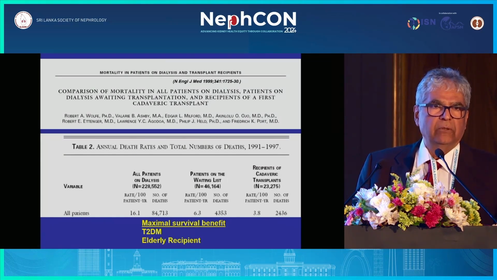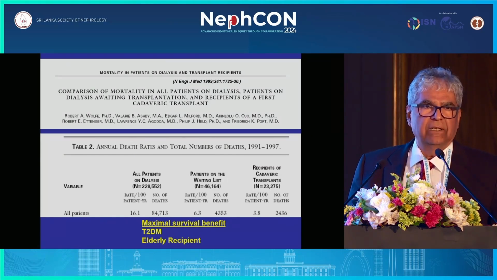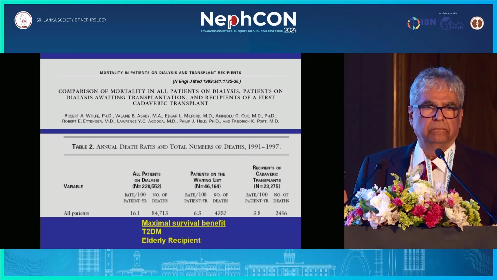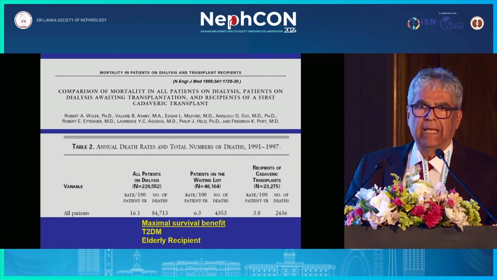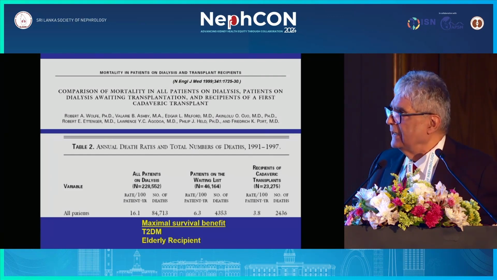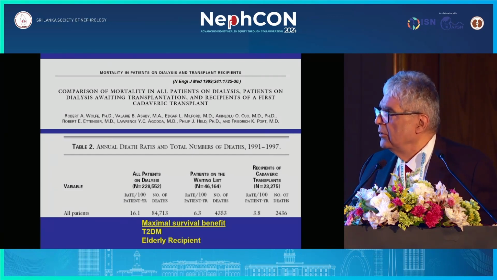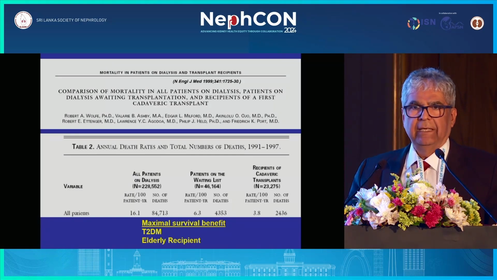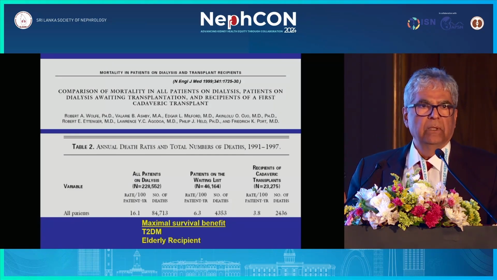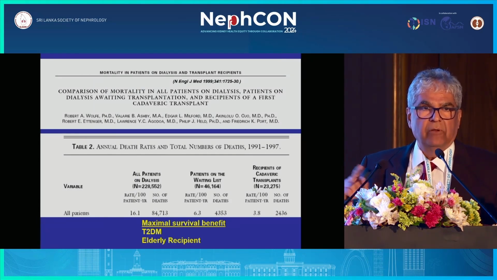Second thing I'll point out, at that time, the dialysis survival of America was worse than anywhere in the world. So this is American dialysis survival on the waiting list compared to getting a kidney transplant. That data has not been repeated in Europe or any other country like Japan, where they've got the best survival on dialysis.